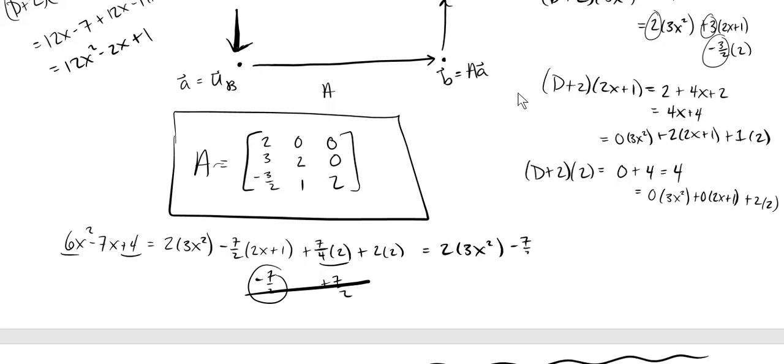You can do this more systematically, but I'm just trying to feel my way through it. So my coordinates are 2, negative 7 halves, and 7 fourths plus 2, which is 15 fourths. So the coordinates of this vector relative to our basis, I'll call it B, are 2, negative 7 halves, 15 fourths.